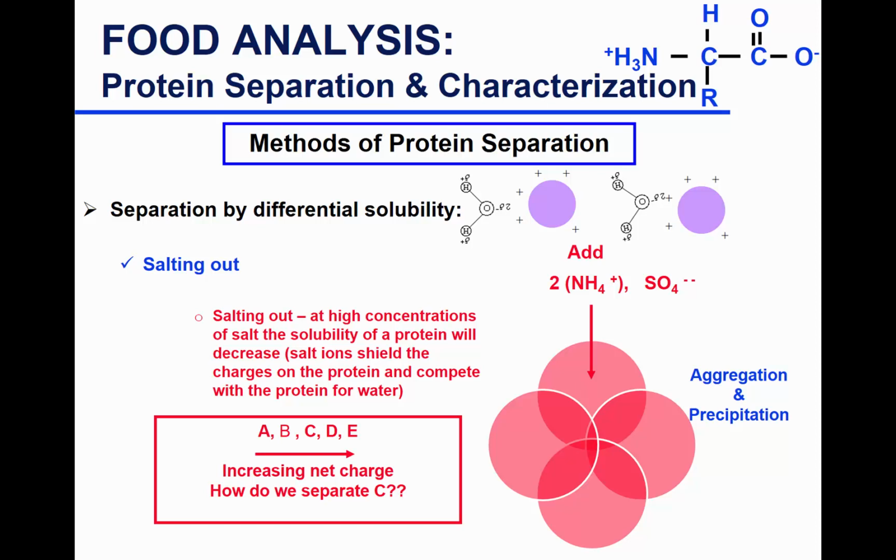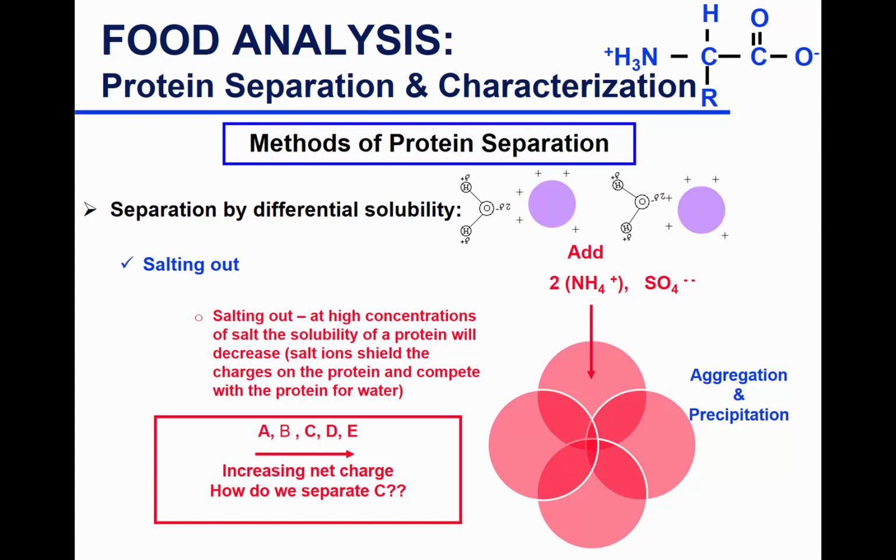Okay? So let's say you have this mixture, A, B, C, D, and E. And E has the highest net charge at a particular pH, let's say neutral pH. At pH 7, E has the highest net charge.